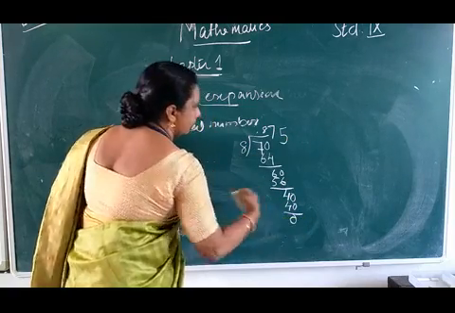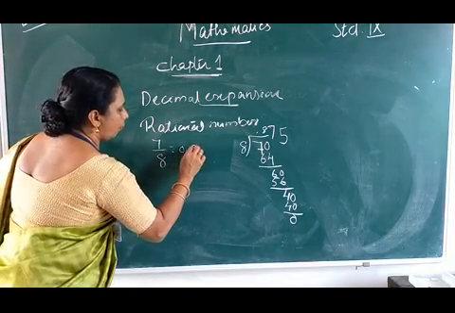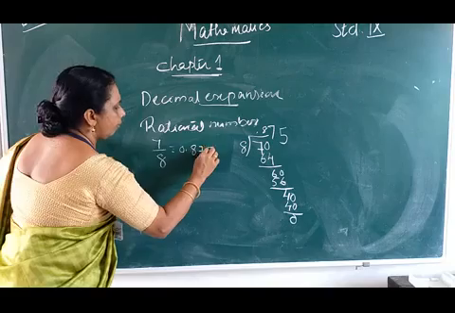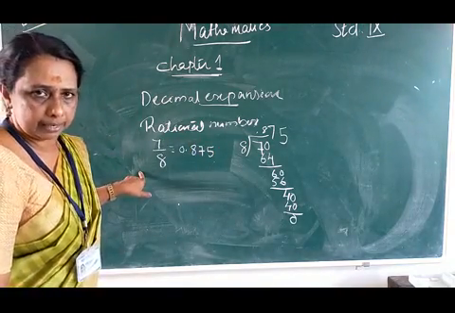The remainder is 0. So the decimal expansion of 7 by 8 is 0.875.